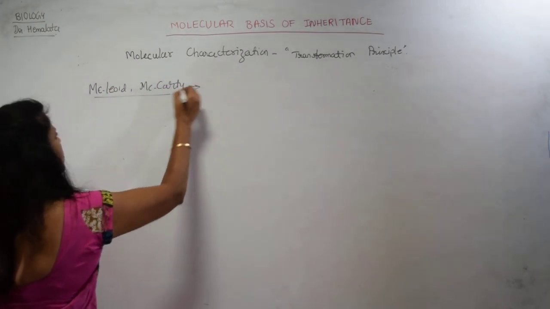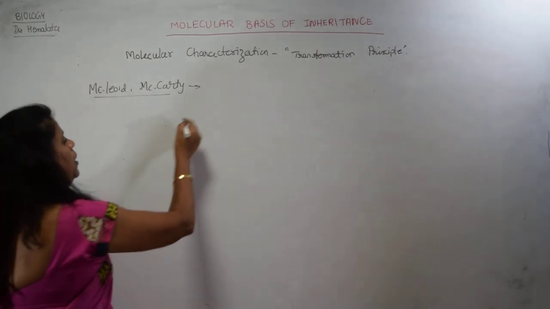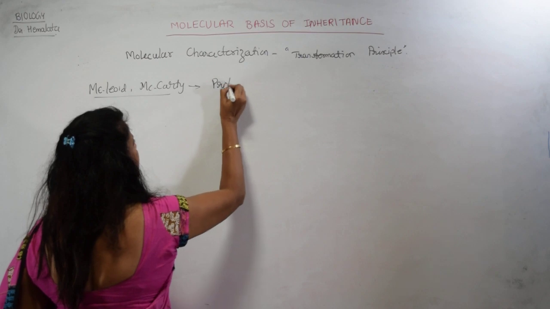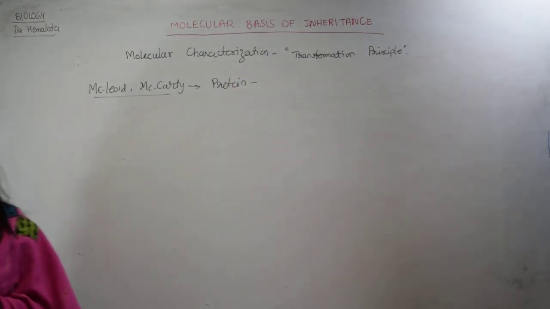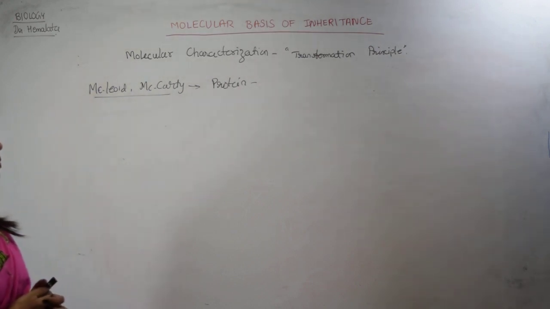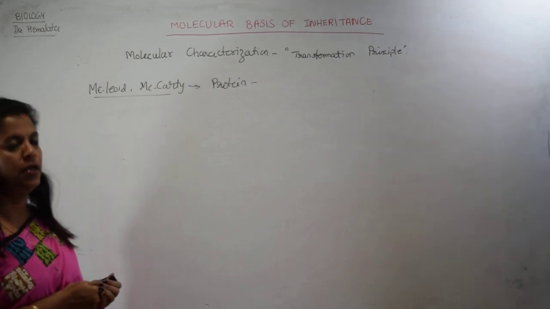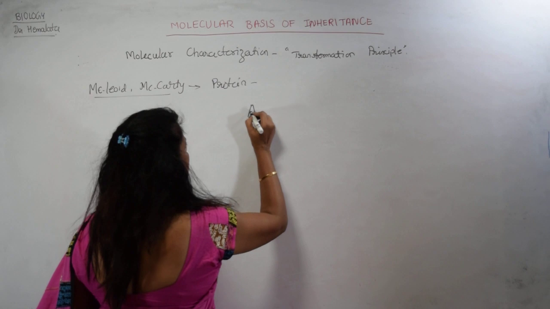They did some experiments and came to the conclusion that maybe proteins are acting as the transformation principle. They had a doubt that proteins may be the hereditary materials. But later, the scientist Oswald Avery, his name is Avery.